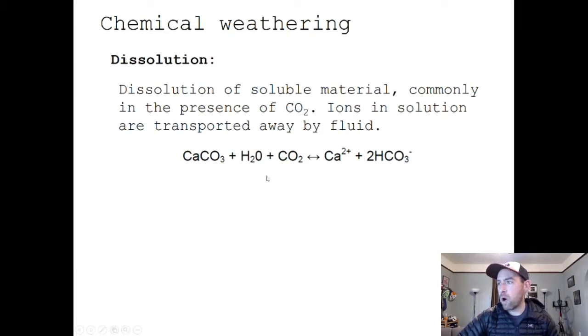So in the presence of water and CO2, you will have dissolution or dissociation of the CaCO3 into calcium ions and bicarbonate, right? That's a relatively common dissolution reaction of carbonate minerals, okay?